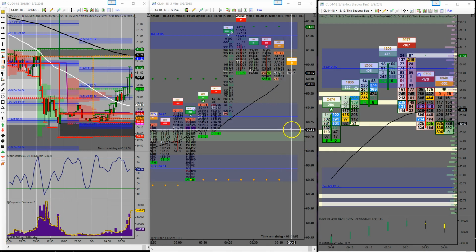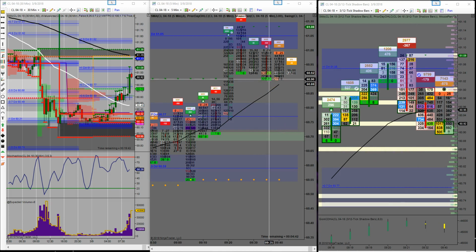All right, I think this is probably going to be my last trade. I took half off at 96, yeah, 96 for 5 ticks. Going to move my stop up to 90 for 2 ticks, and we'll just kind of see what happens here.